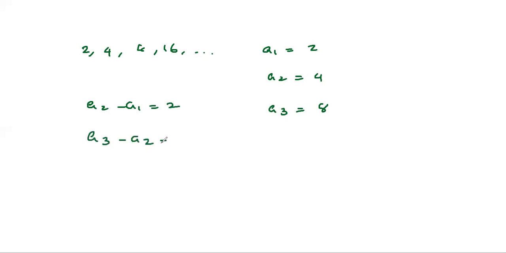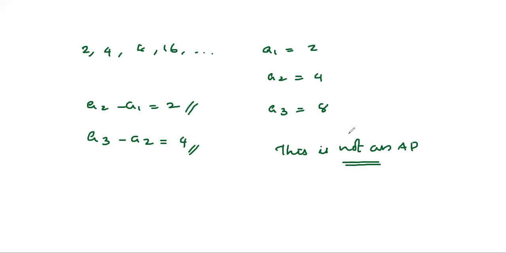For that, first of all, you just write A1, A2, A3. Then you need to calculate A2 minus A1, it is 2 here, and A3 minus A2, it is 4 here. So the differences between the consecutive terms are not equal, so we can say this is not an AP.